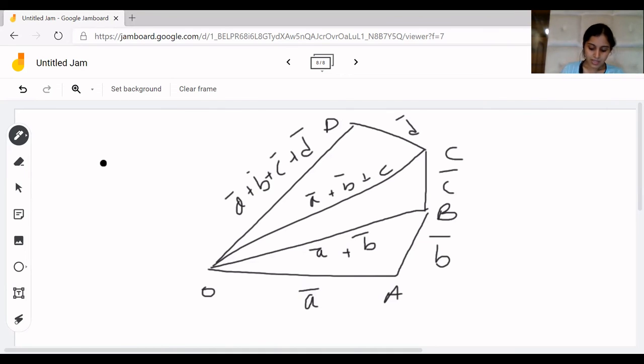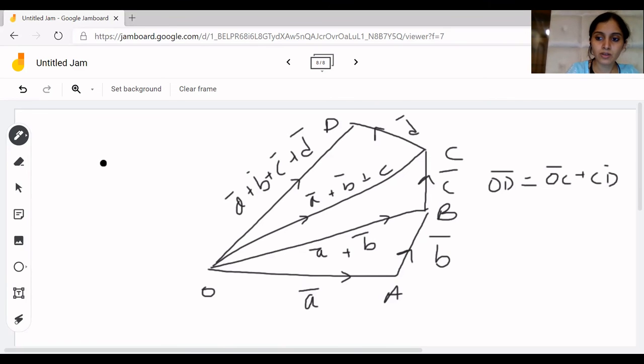Okay, so from the diagram, the triangle law of addition is also clear, and you can fairly well understand the polygonal law. So basically I am going to write this as OD bar is equal to OC bar plus CD bar, but OC bar can be given by OB bar plus BC bar plus CD bar.